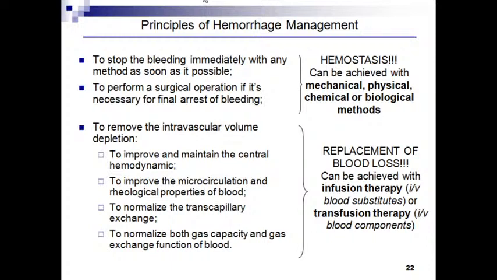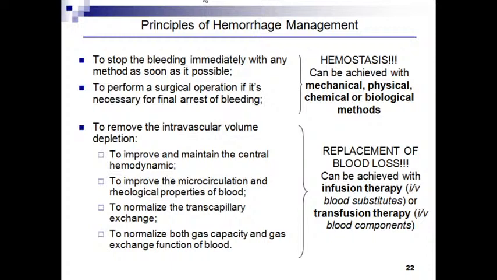First principle of the management: to stop the bleeding immediately with any method as soon as possible. This is first aid, pre-hospital management. Any patient with bleeding should be treated in a hospital, inside a clinical hospital.